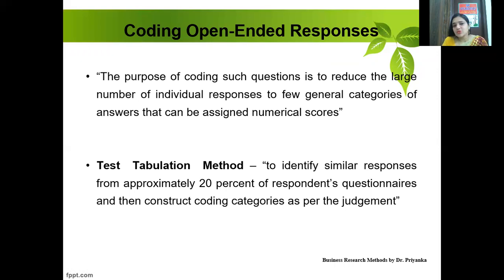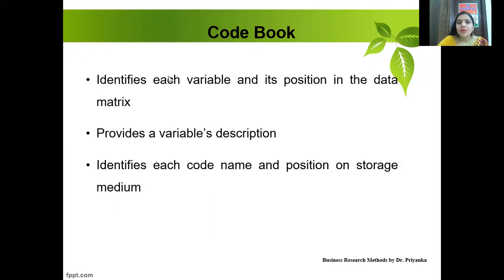Yes, you can always go with the test tabulation method. The codebook identifies each variable and its position in the data matrix. Then it provides variable descriptions. Then it identifies each code name and position on the storage medium. The codebook would be providing you all the details.